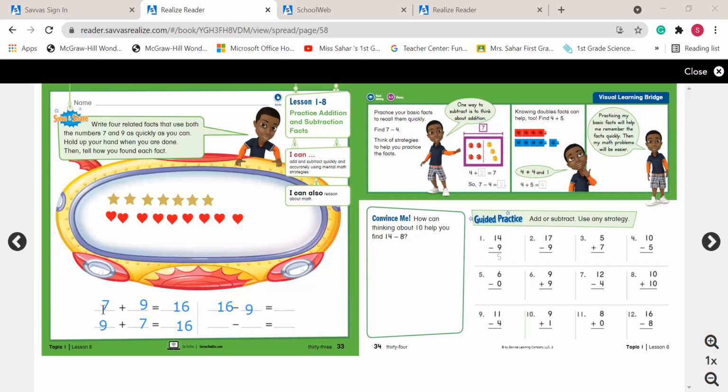The answer will be, very good, 7. And I can start with 16 again. This time I'll take away 7. What do you think your answer will be? Your answer will be 9.